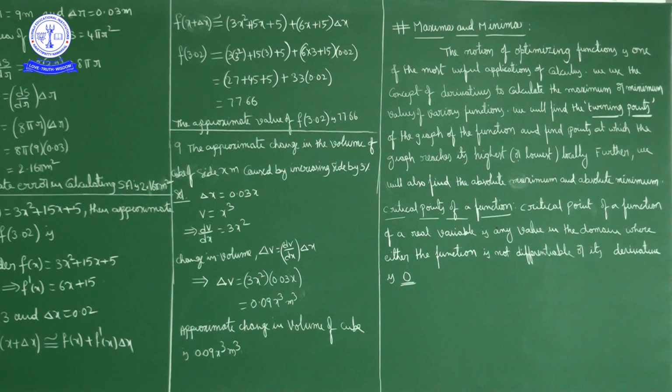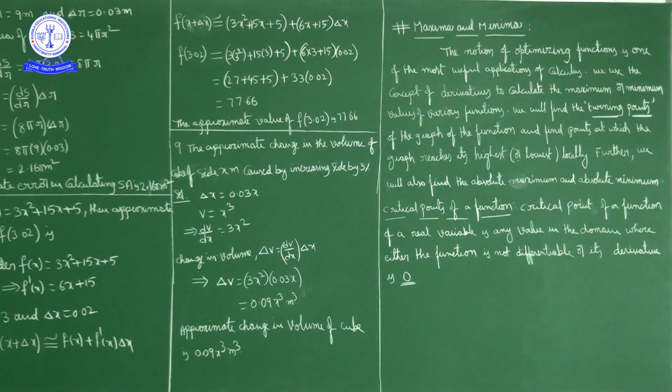Pi by 2 is the turning point. Because from 0 to pi by 2 sin x increases from 0 to 1, and from pi by 2 to pi sin x decreases from 1 to 0. Here the turning point is pi by 2.